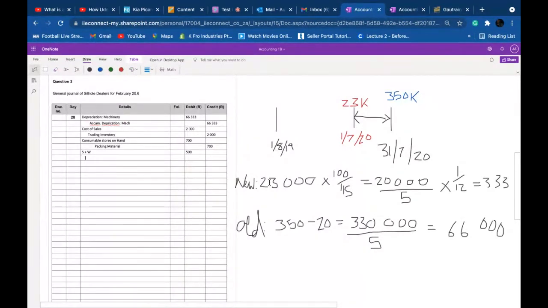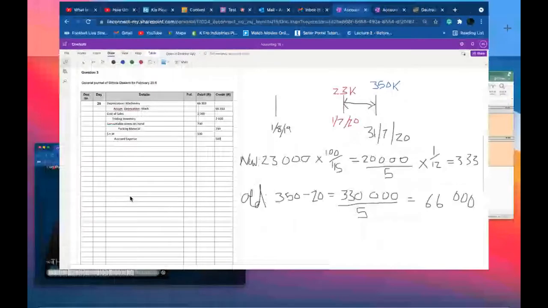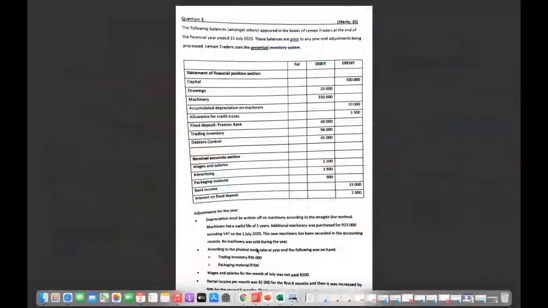Okay, and then here, we know it's accrued expense. Okay, and remember, this is a current liability, 500 Rand. Okay, right. Perfect. Then we go to the next one.